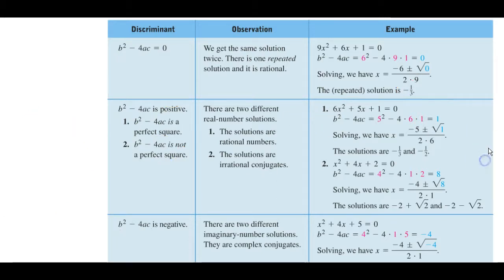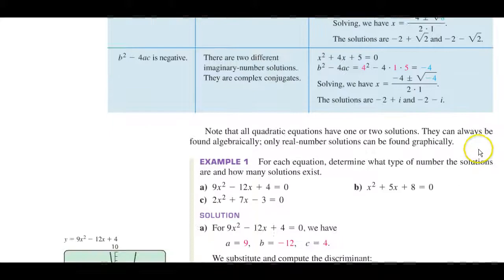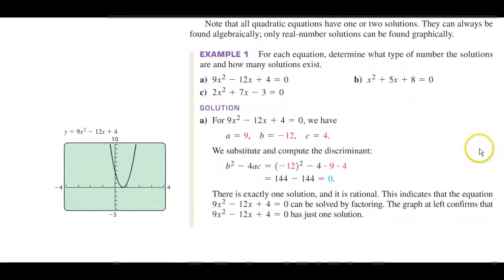Now, if you were to graph these, you'll get to see what it would look like as well. So let's do these, and we'll use the work they actually show us. So there it is in standard form. Our A is 9, B is negative 12, our C is 4.